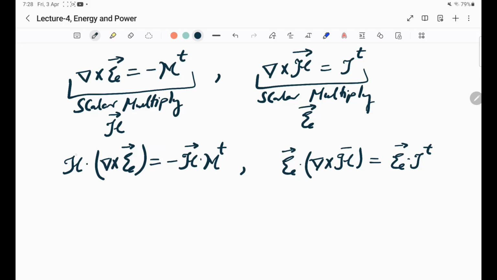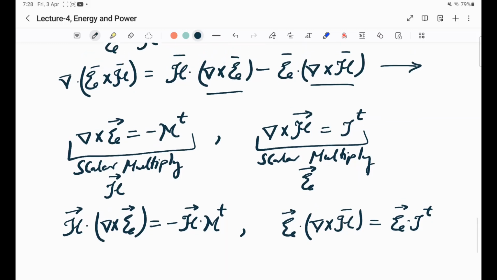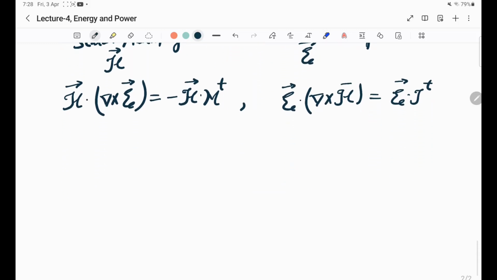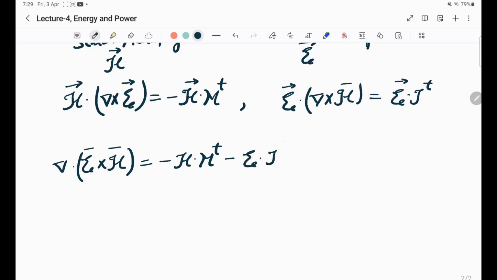All these are vector quantities. Now if you substitute these two terms into the identity, we will get del dot E cross H is equal to negative H dot M total minus E dot J total.